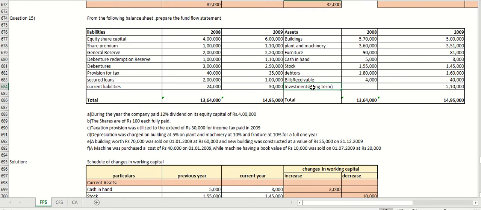Investment, if you see, is on a long-term basis. So investment has increased from zero value to 2,10,000, which means there is purchase of investment by the company, which will be shown in your application of funds because the cash is moving out. I hope the question is clear now. Let's move on to the answer.